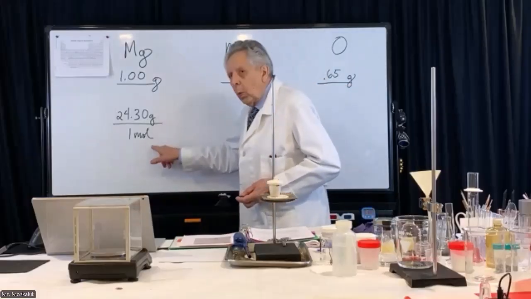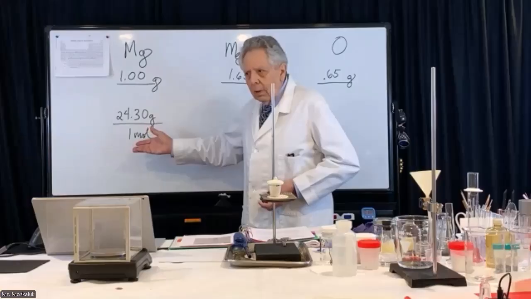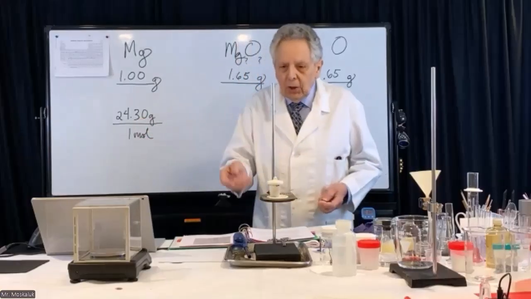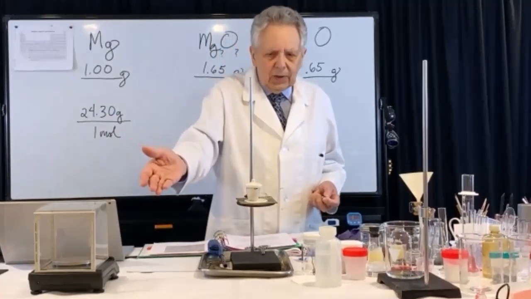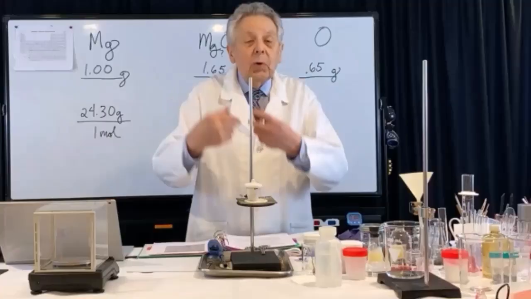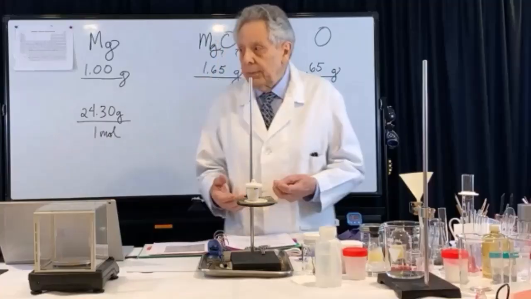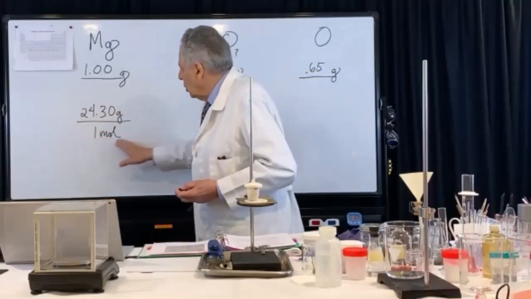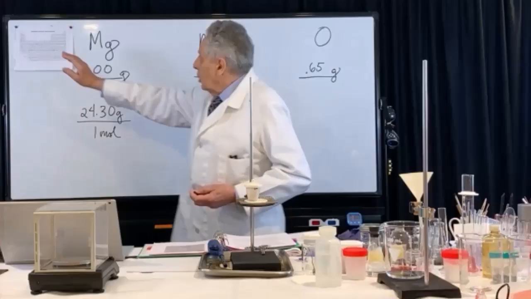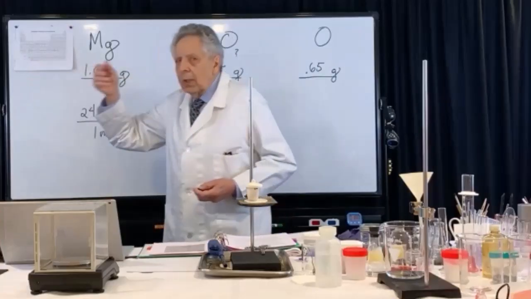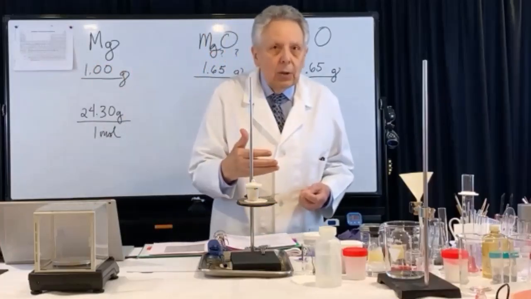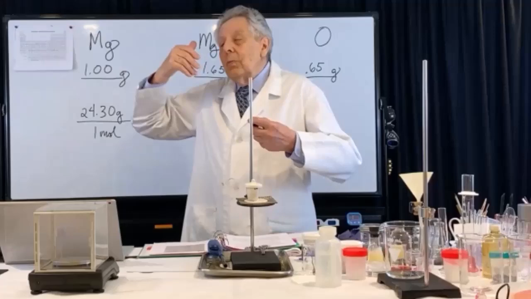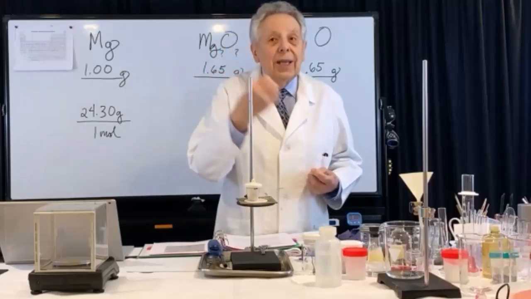Okay. Oh, we're going back to this. 24.3 grams per 1 mole. This is a ratio. This allows you to change a weight that you get out of balance into what we really need to know, the amount, moles. And you can use this ratio that you get from any of these numbers to change a mass of an element into an amount.